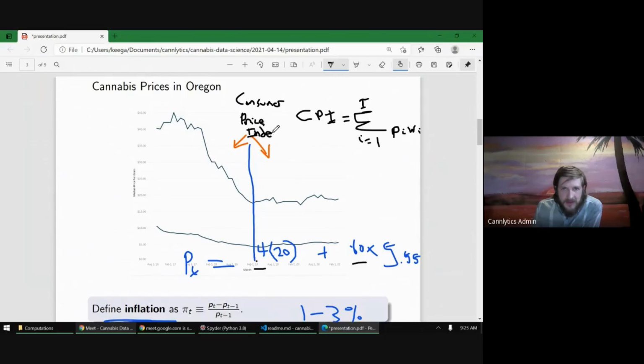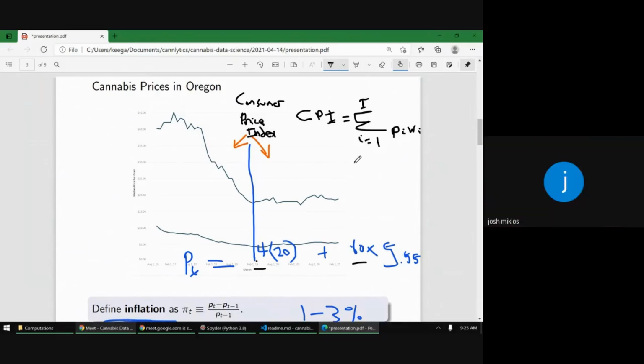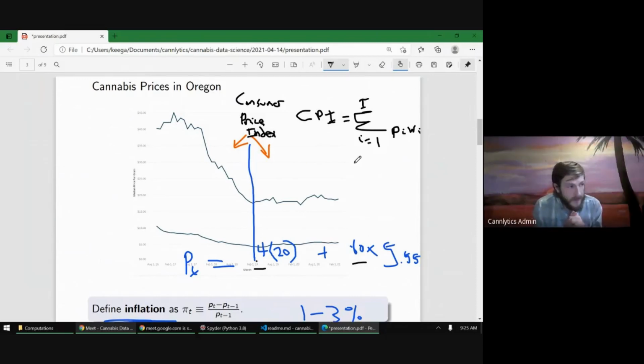And you can think of it like index funds, which you may have heard of. An index fund basically takes a weighted average of a basket of stocks, and then you can invest in that basket of stocks through the index fund. So S&P 500. Exactly.